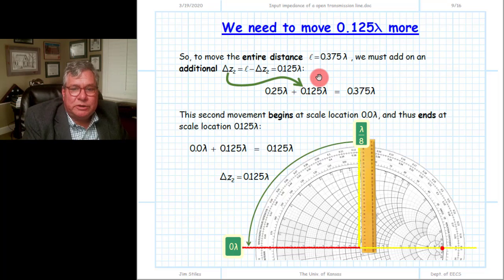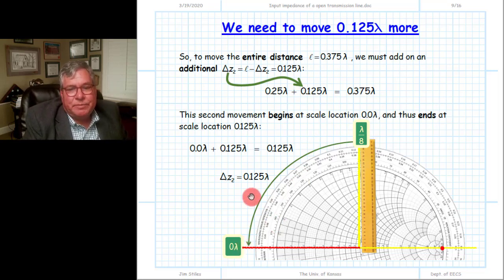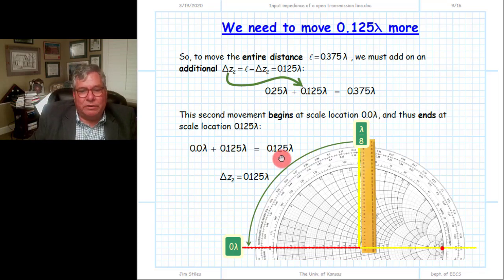And so to determine at what marker on the outer scale we should stop rotation, we begin at the index of 0, and we add the delta Z2 of 0.125 to it, and that will give us a value of 0.125.